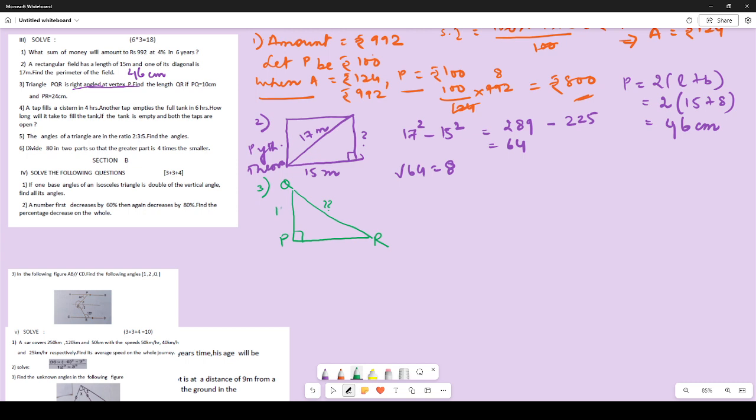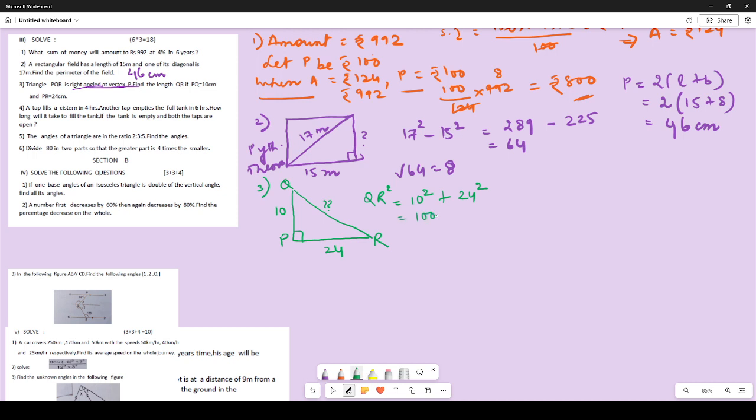So what we have over here is 10 and what we have over here is 24. So you have to say 10 square plus 24 square, because altitude square plus base square is equal to hypotenuse square. So QR square is equal to 10 square plus 24 square.